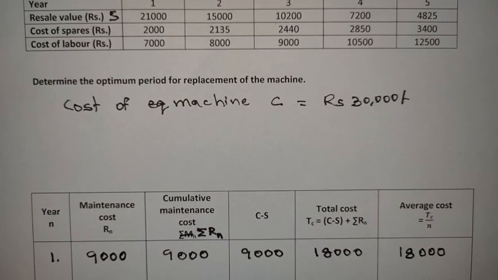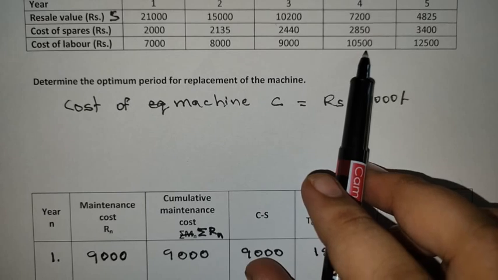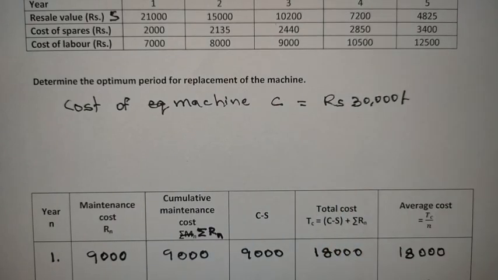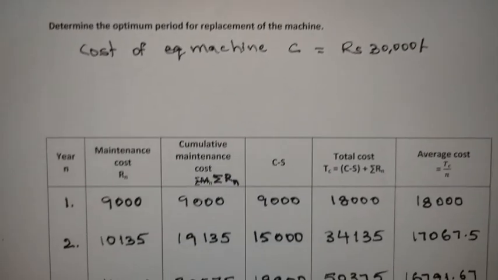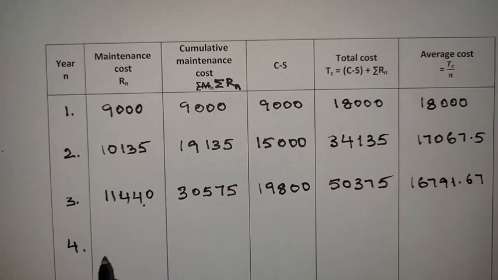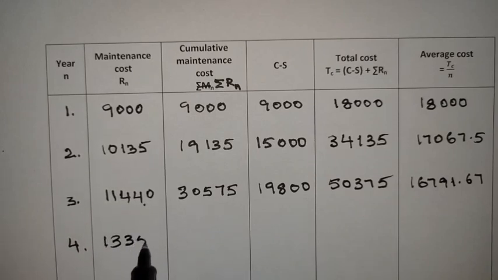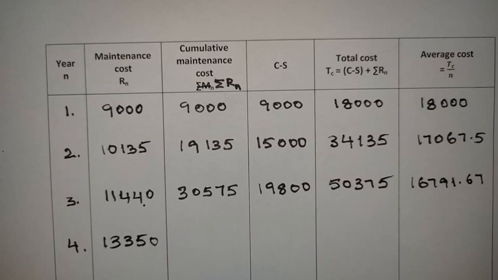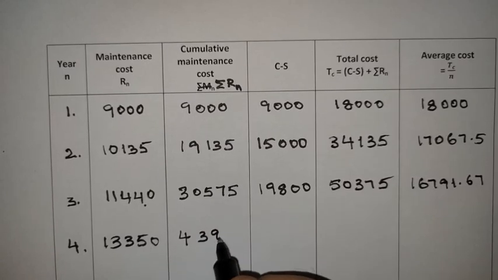Next, let us calculate for the fourth year. In the fourth year, what is the maintenance cost? 2,850 plus 10,500. Then you will get 13,350. So cumulative maintenance cost 13,350 plus 30,575. You will get 43,925.